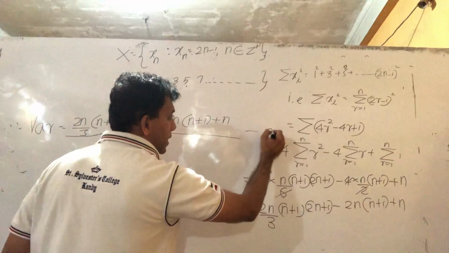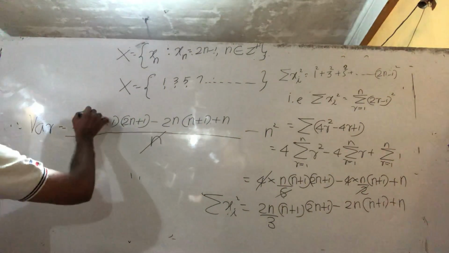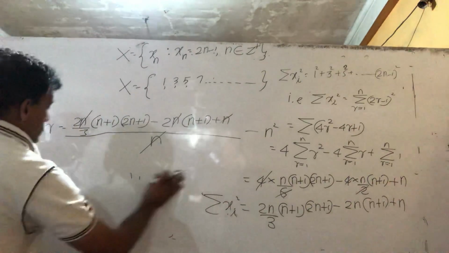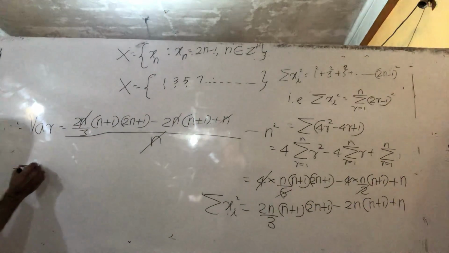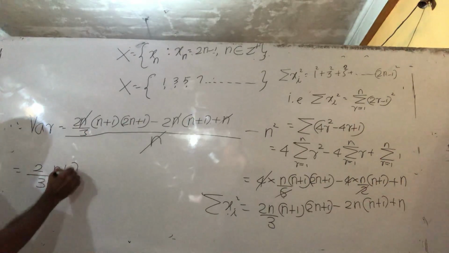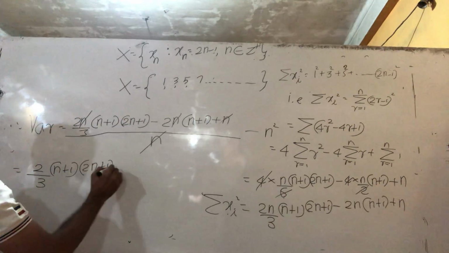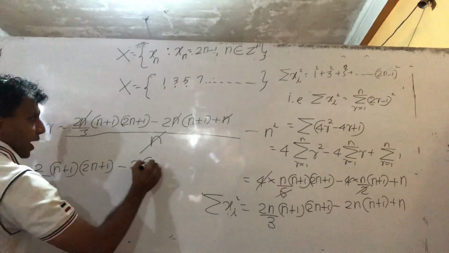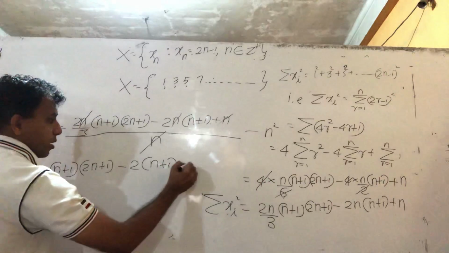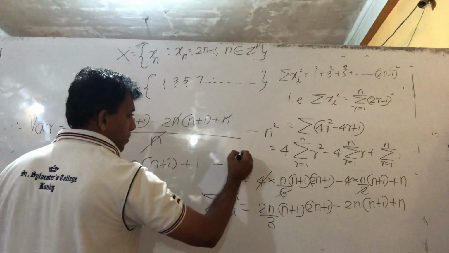The mean is n, its square. See, now here all the n parts are cancelled, right? So 2 over 3 (n plus 1)(2n plus 1) minus 2(n plus 1) plus 1, minus n square.